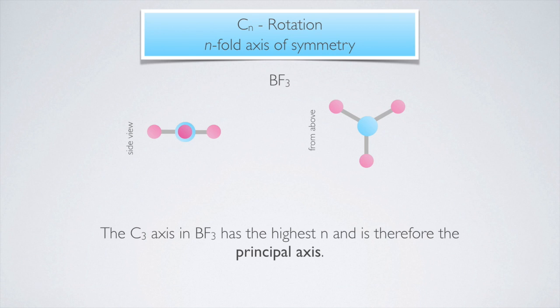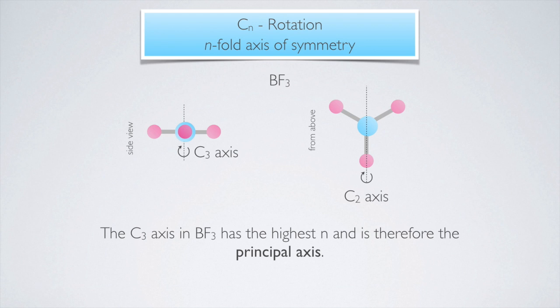Moving on to BF3, which is a planar molecule, we can see a side view looking down from a fluorine to the boron, so along a BF bond, and from above we can see that again 120 degree rotation will leave the molecule unchanged. So there's our C3 axis looking in the plane, and that's the highest order n, so that's the principal axis.